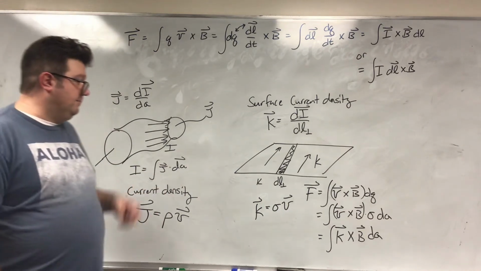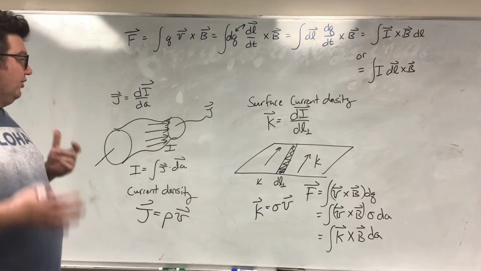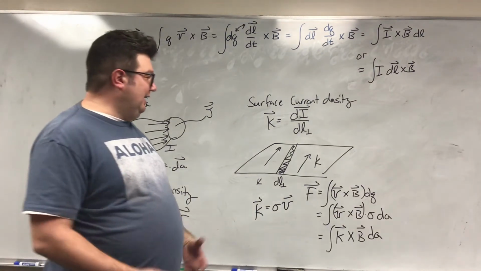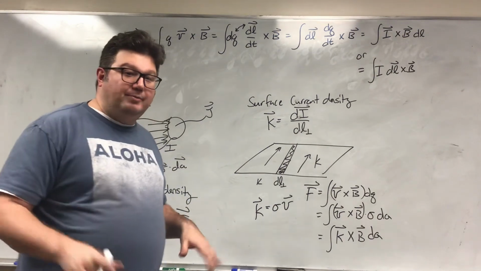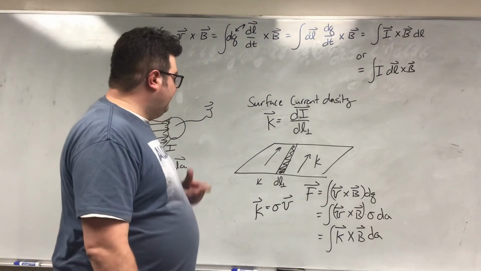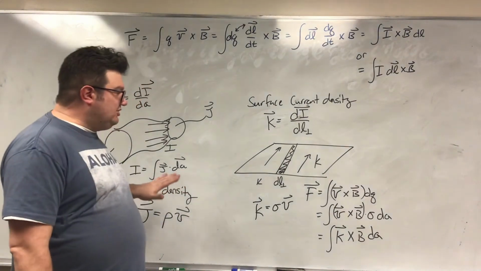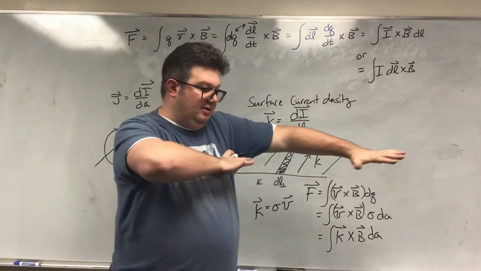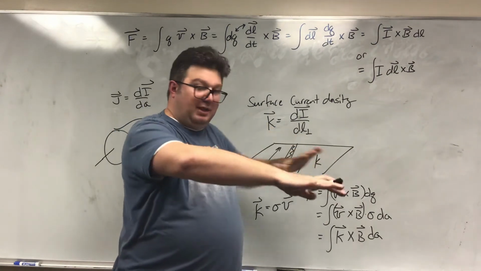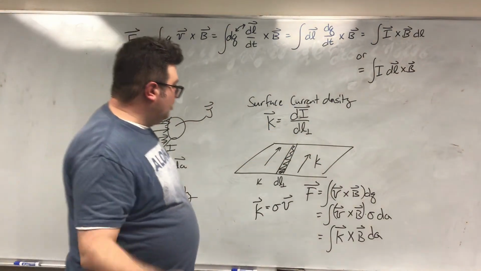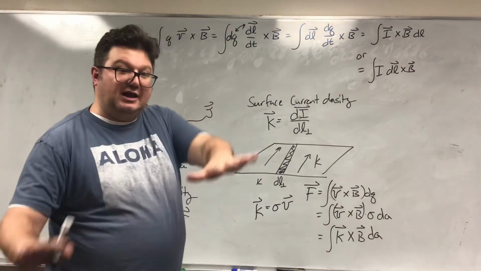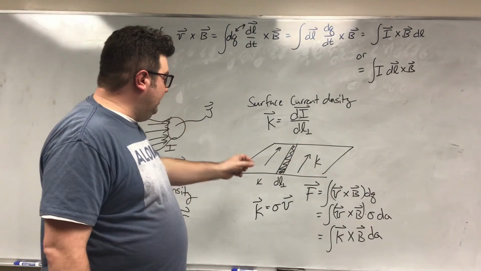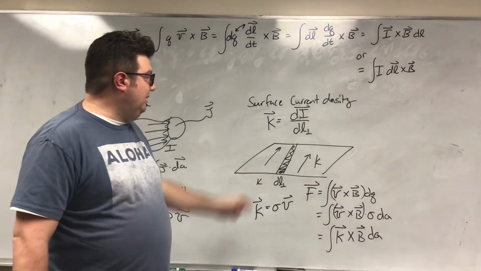Now the surface current density we define in an interesting way, and we're looking at 2 dimensions instead of 3. The way I tend to think about this is, imagine I have a large flat plane conductor, and current is flowing in that conductor on the sheet, and I take a little strip.